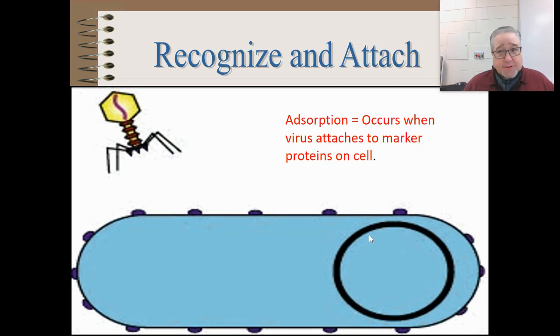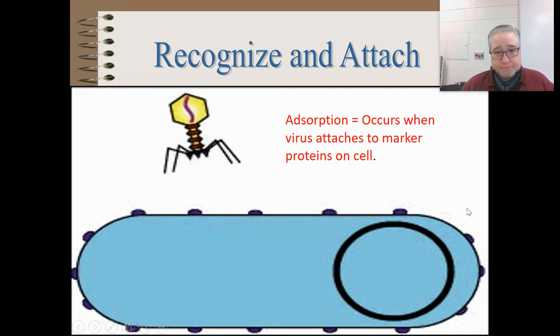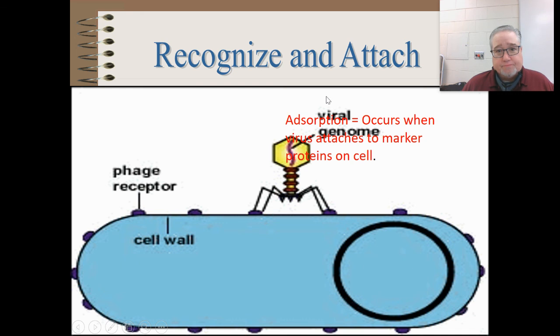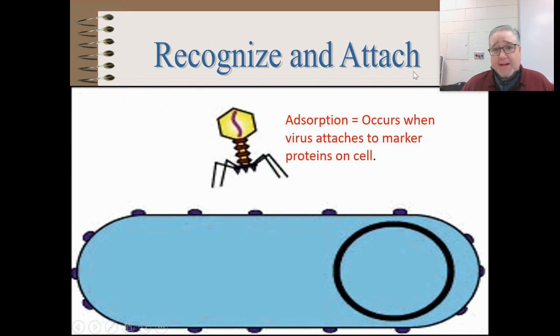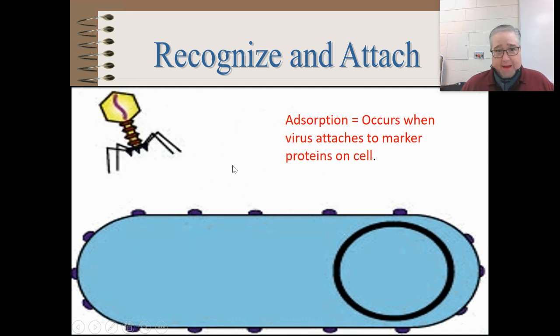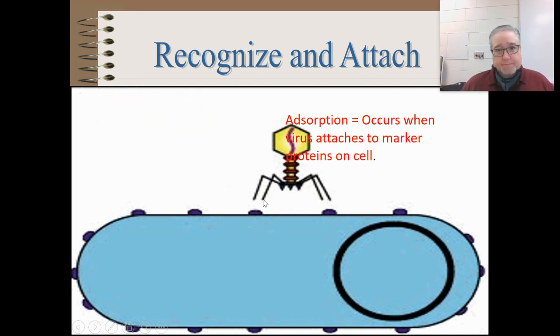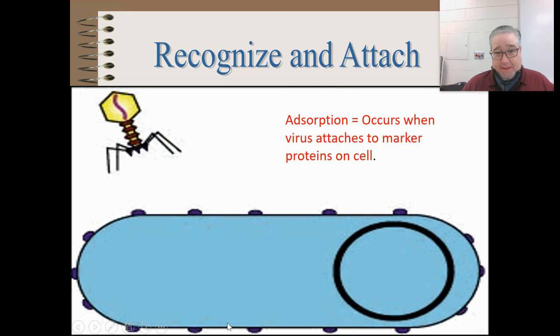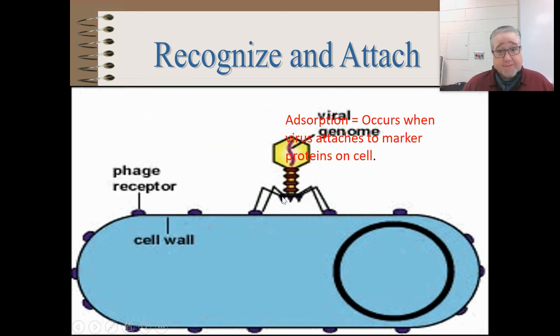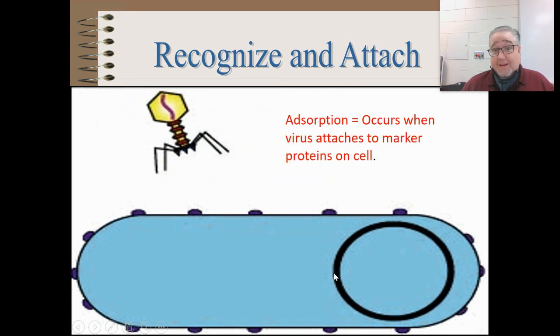Now, there are different steps to how these viruses work. The first step is to recognize and attach. Here we have a bacteriophage. This big blue cell here is a bacteria, and here's the virus that's going to infect it.